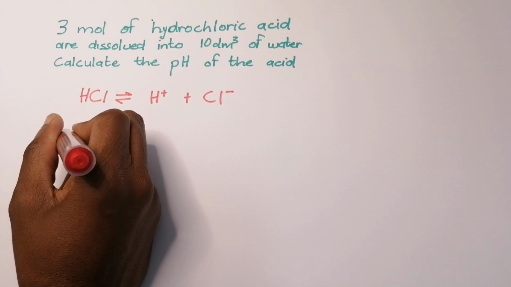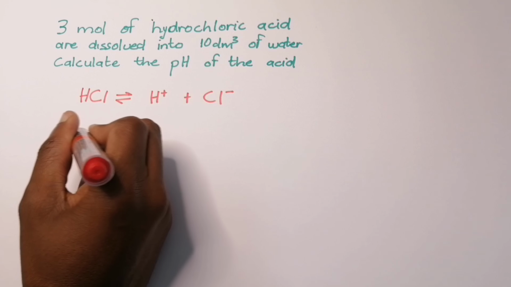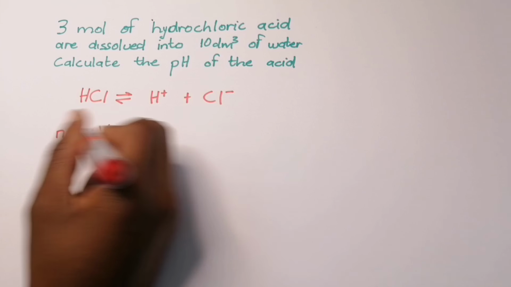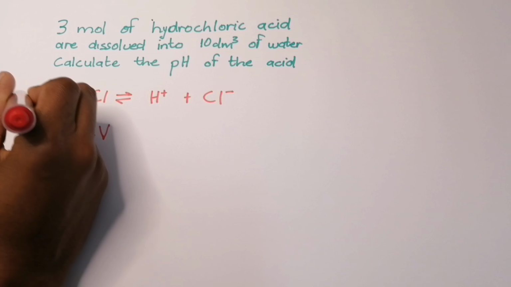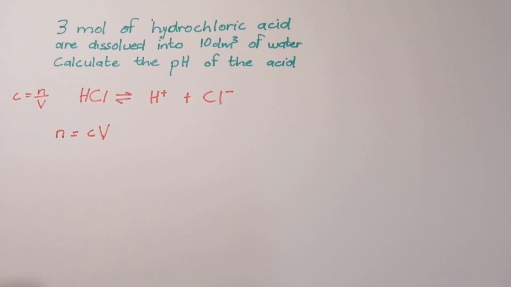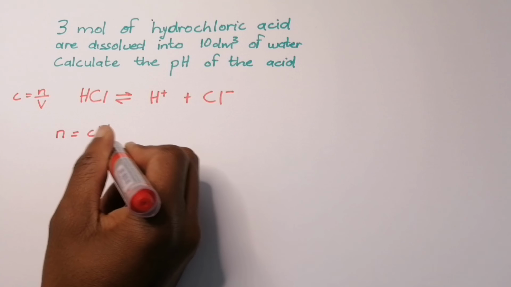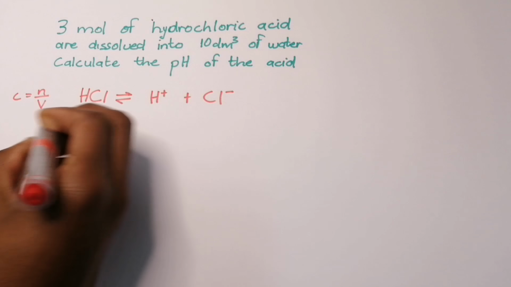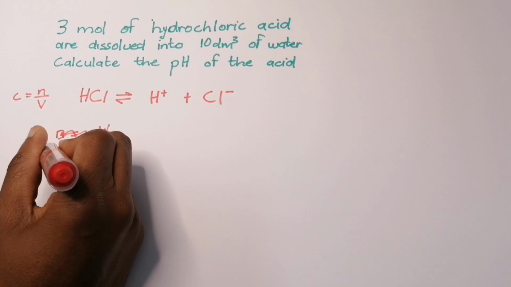So in this case, let's find out the concentration of the acid. Number of moles is concentration times the volume. Remember, this comes from your C equals N over V formula. So concentration is number of moles over volume.